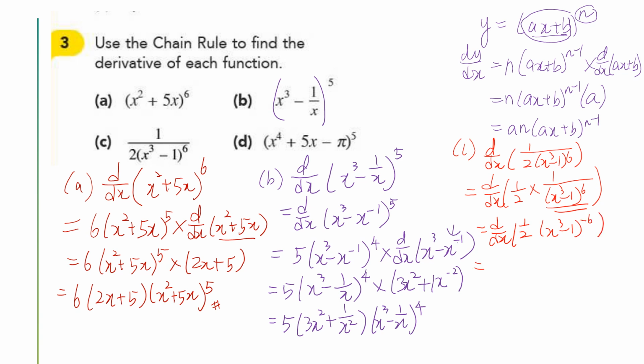So we ignore the half since it is a constant, and bring your power -6 to the front. Power -1, so -6 minus 1 will give you -7, times differentiate the one inside the bracket, which is x to the power of 3 minus 1, to the power of -6.